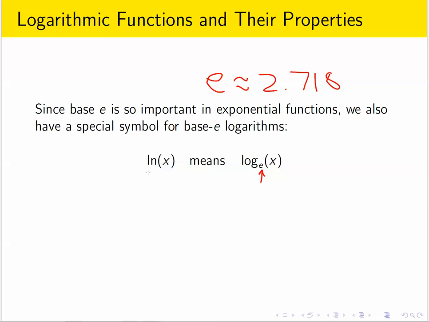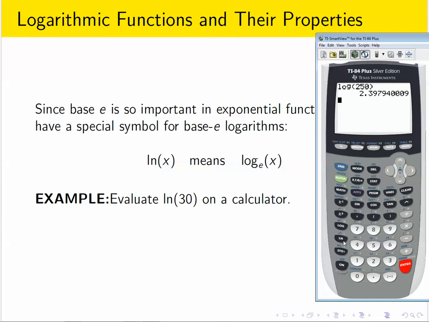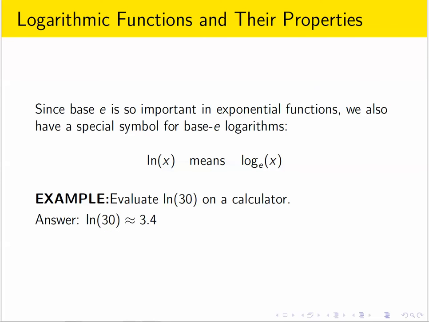Log base E can be written as ln. That's the shorthand for log base E. This is called the natural logarithm, and we can evaluate it on the calculator by pressing the ln button. So if I want natural log of 30, I just type ln of 30, close the parentheses, hit enter, and I can see from this that the answer is approximately 3.4.